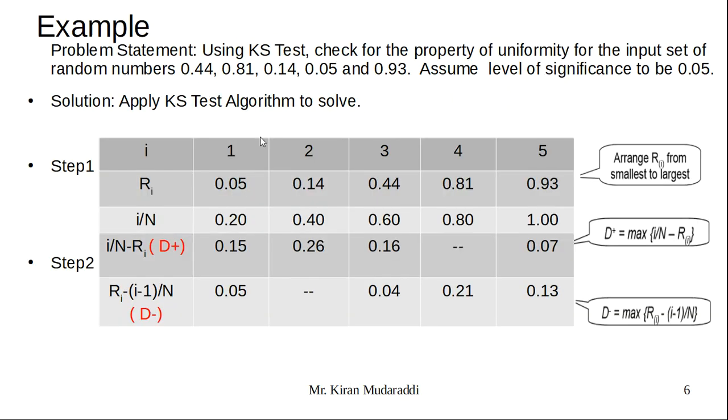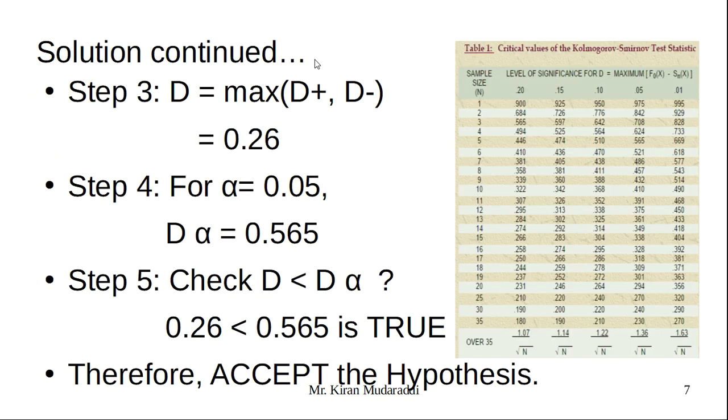So d plus, which is the maximum value? 0.15, 0.26, 0.16 and 0.07, the maximum is 0.26. Here 0.21 is the maximum. Out of 0.26 and 0.21, the maximum is 0.26. That is the value of D.